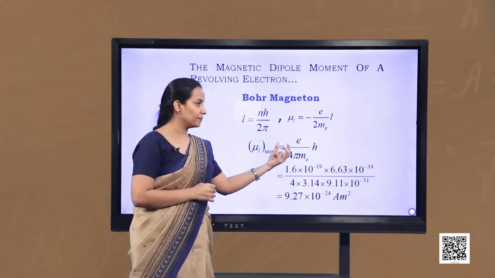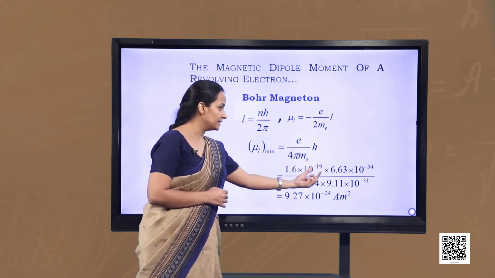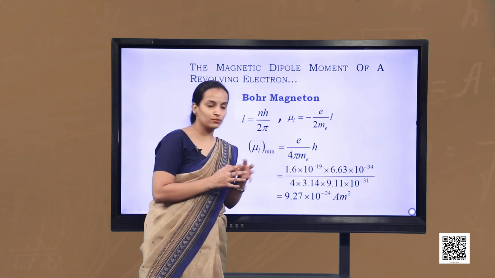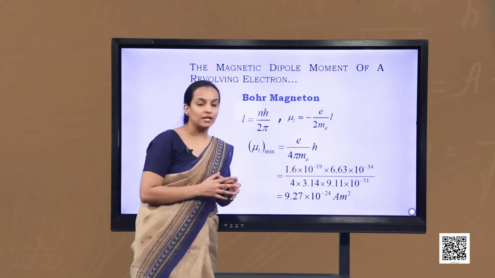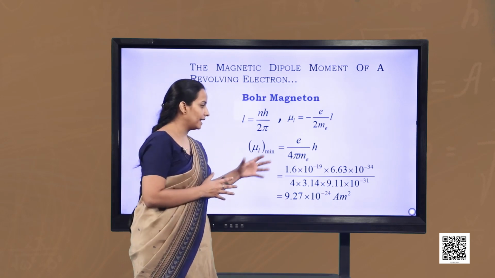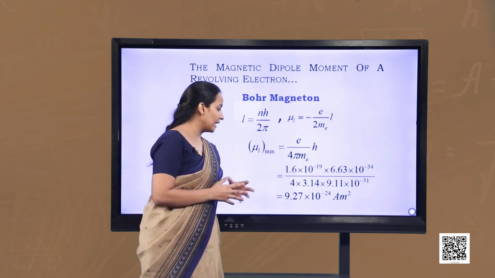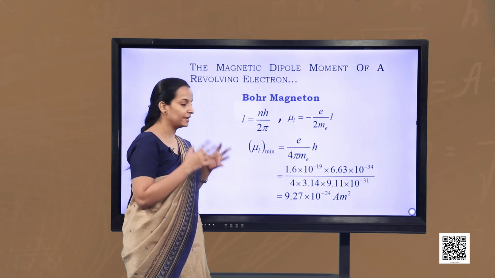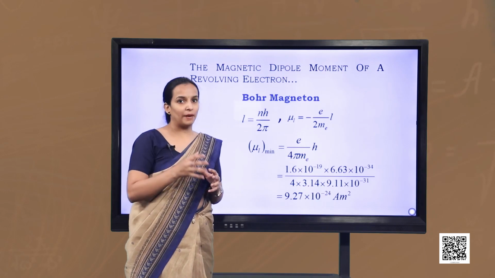On substituting the magnitudes of e, that is 1.6 into 10 raised to the power minus 19, h 6.63 into 10 raised to the power minus 34, 4π, and then me, which is 9.11 into 10 raised to the power minus 31, on calculating this expression, we will have μL minimum as 9.27 multiplied by 10 raised to the power minus 24 ampere meter square. This value is called the Bohr magneton.